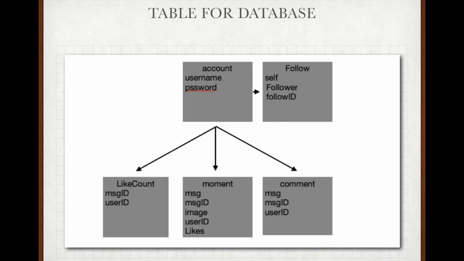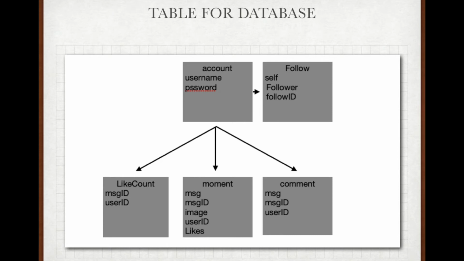Next, let me introduce you to the 5 tables from our database. The first one is account. Account is going to save username and password, and then for follow. Follow table has 3 categories: self, follower, and follow ID.